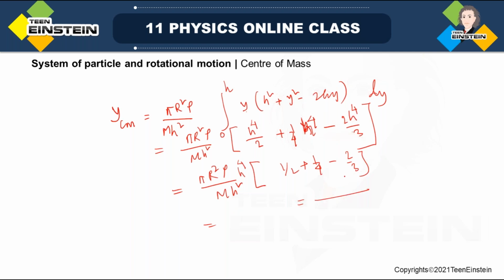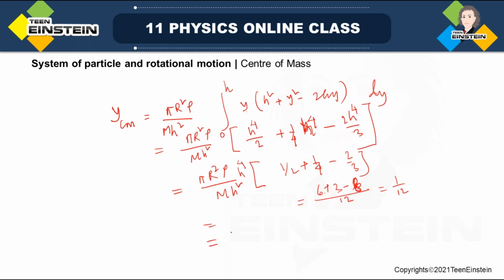LCM, if you do, this is actually 12, and the numerator 6 plus 3 minus 8, so this will be 1 over 12.